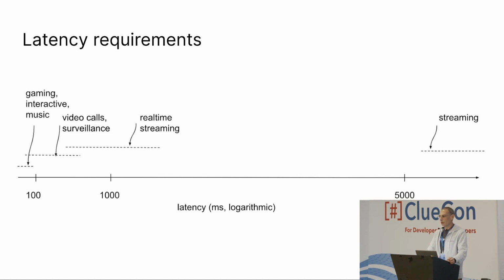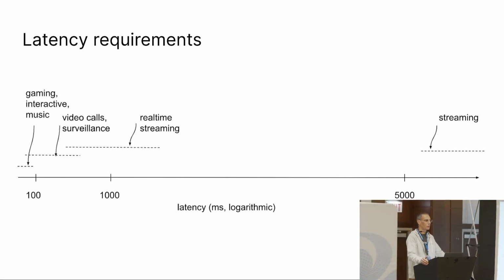For video calls and some types of surveillance where reacting in real time is very important, 500 milliseconds is still good, but a little bit more, surely below 1 second.